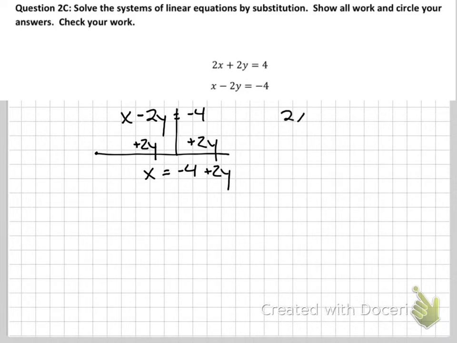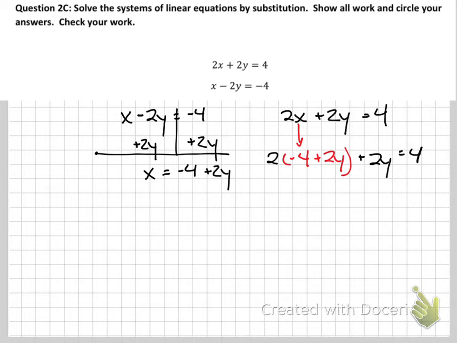So then I'm going to take the other equation, which is 2x plus 2y equals 4, and I'm going to put negative 4 plus 2y in place of x. So we have 2 times the quantity negative 4 plus 2y equals 4. So 2 times negative 4 is negative 8. 2 times 2y is 4y. Then we bring down the rest of the equation.